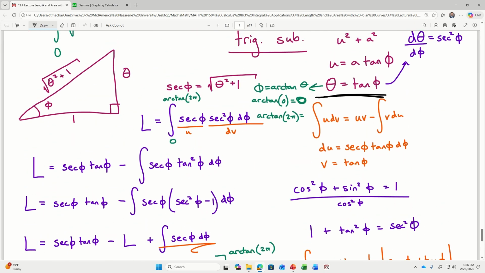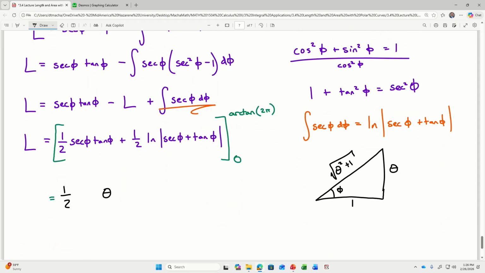Secant of phi is square root of theta squared plus 1. I write this because the upper bound in phi was arctangent of 2 pi, but the upper bound in theta was 2 pi. So you can either change your upper and lower bound, or you can convert back to thetas. And I think it might be easier to convert back to thetas, actually.